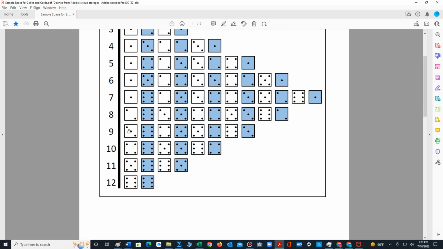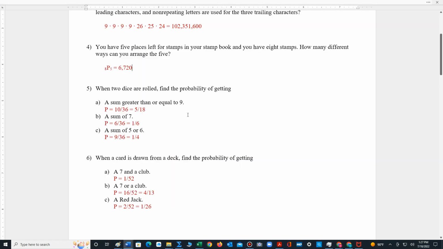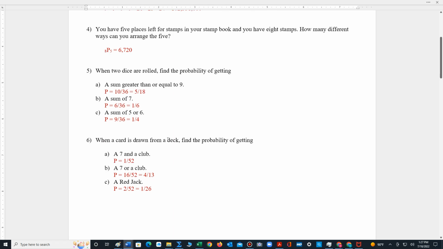If we count up all the pairs, 1, 2, 3, 4, 5, 6, 7, 8, 9, 10, there's 10 pairs that match this condition. So 10 out of 36, remember there's 36 possibilities in total for tossing 2 dice. 10 out of 36 reduces to 5 out of 18.